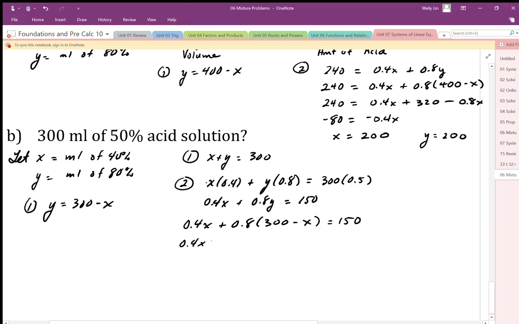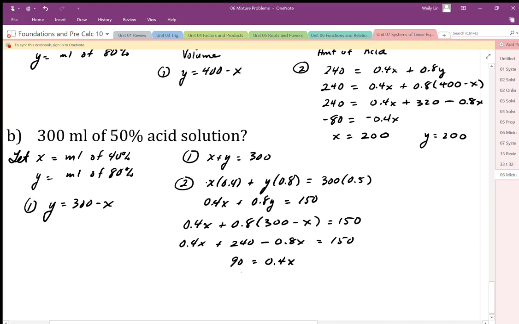So 0.4x plus 240 milliliters of acid minus 0.8x equals 150 milliliters of acid. In this case, I'm going to move the constants to this side, so I'm going to subtract 150 from both sides. I end up with negative 0.4x on this side, so I'm going to add 0.4x to both sides.